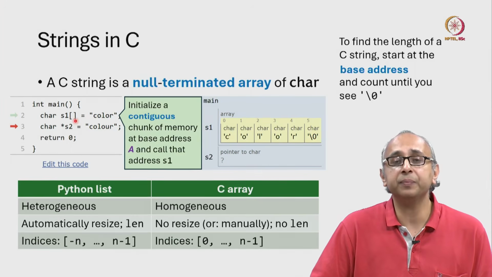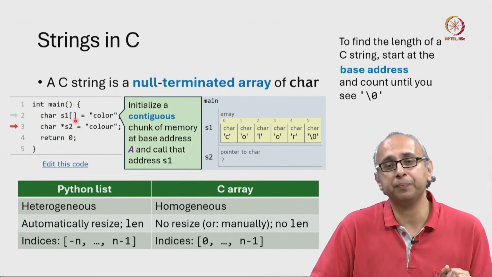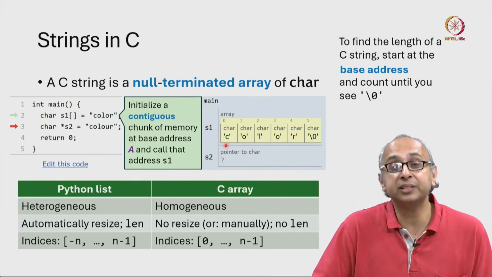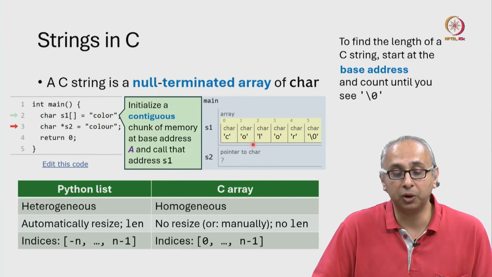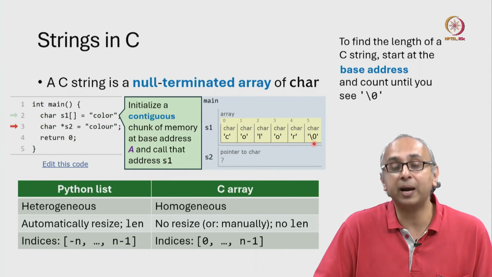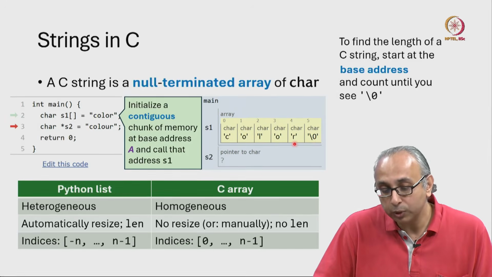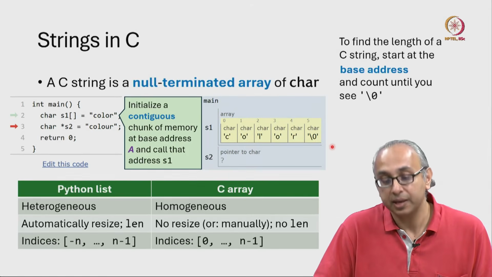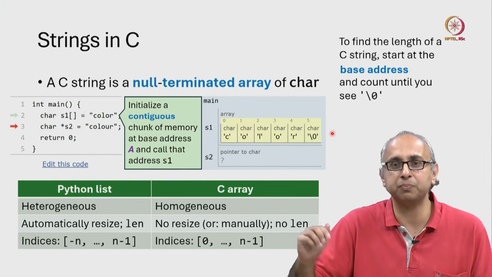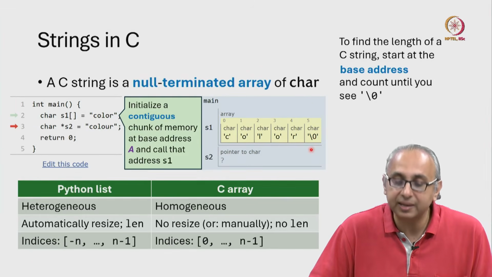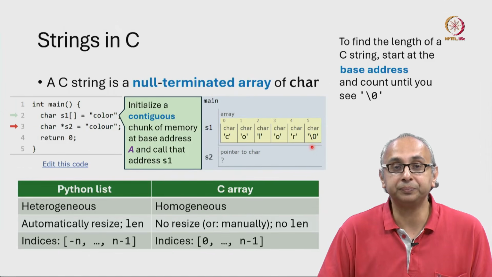So s1 is actually just the location in memory where the letter little c is. Next to that location is the letter little o, and so on, all the way up to the null character. And once we hit the null character, we don't look beyond this. There will be something else beyond this, as long as the computer has more RAM, but the null character represents the end of the string.